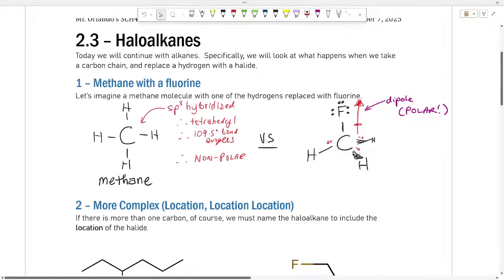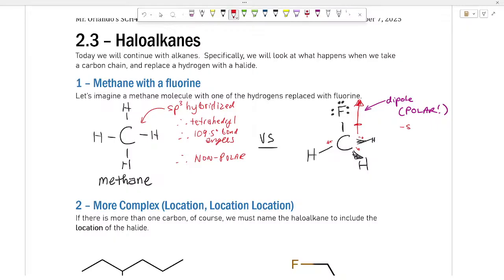Okay. So this will be polar, which means you'll get dipole-dipole interactions, right? Which means A, this is going to be more likely to be either a liquid or a solid at comparable temperatures, right? Does that make sense? Because we know the theory of intermolecular bonding tells us that the stronger forces between them, they'll be more solid, all things being equal. It also means that because they are polar, they'll dissolve in water, right? So it's an entirely different compound. It totally changes the properties, right?